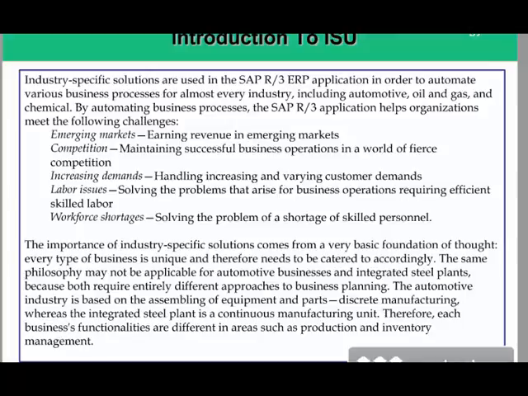From the emerging market, the revenue started coming up, and then public utilities companies in this emerging market started going for the ERP solution. Then there is competition involved. Then there is increasing demand, labor issues, and workforce shortage. So all these combined together gave a thought to the SAP team, and then they came up with industry specific ready-made solution.